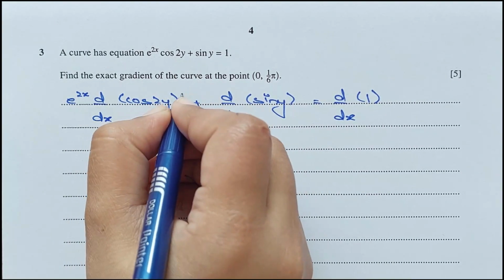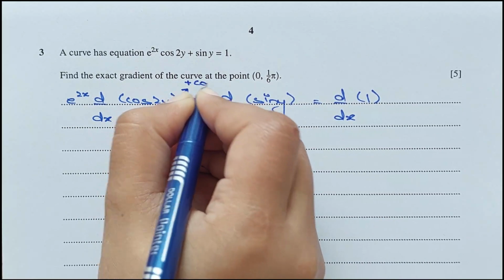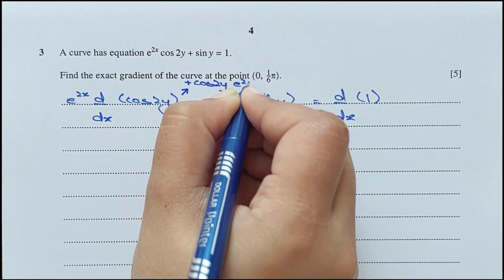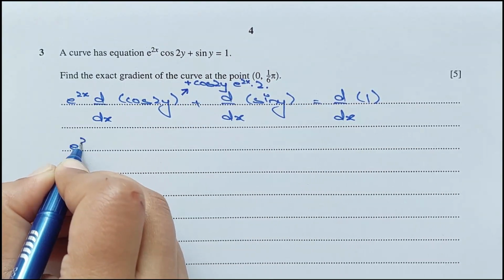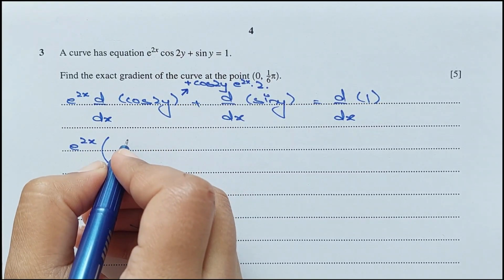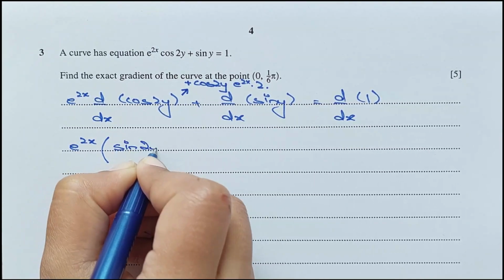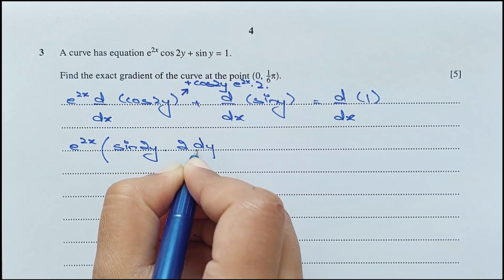Oh, I missed one step for the product rule over here. Plus cos 2y as it is, and the derivative of e^(2x) is e^(2x) times 2. Right. The derivative of cos is sine, so we have sin 2y times 2 dy/dx.